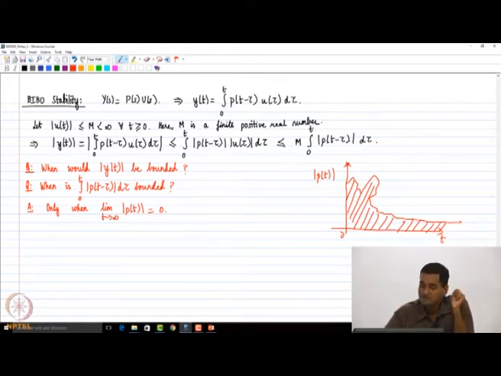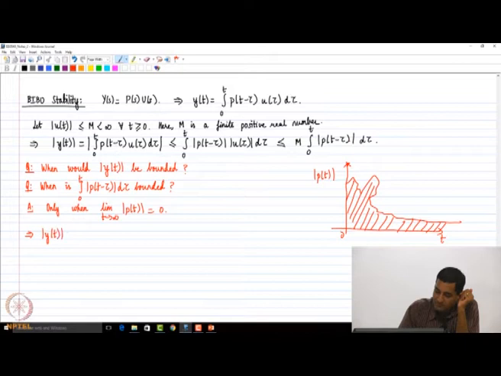What is the only scenario when the integral will be bounded, when the area will be bounded? Only when the function itself goes to 0 as t tends to infinity. So this is the condition. We can immediately see that this implies that the magnitude of y(t) is bounded for all time if the limit as t tends to infinity of p(t) is equal to 0.